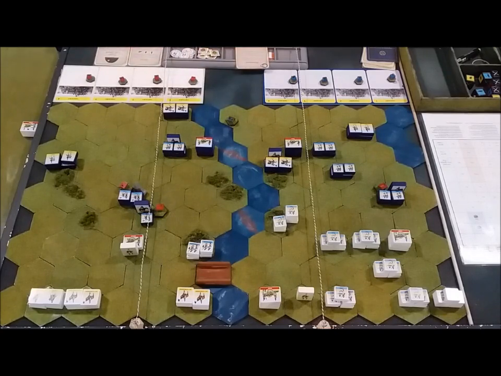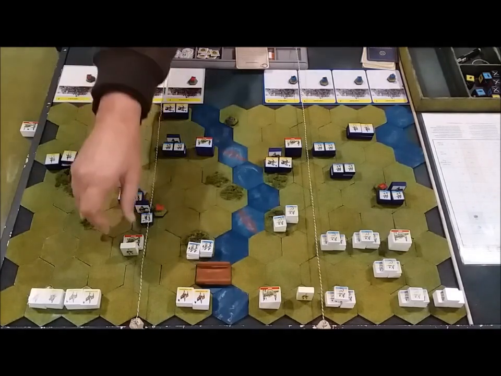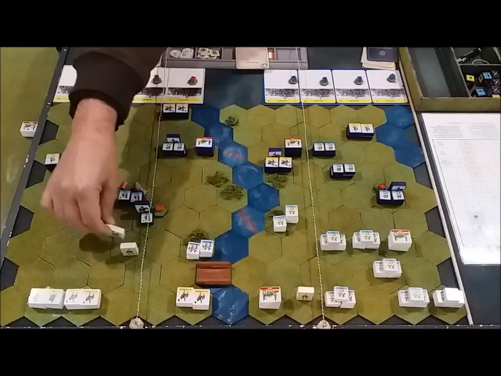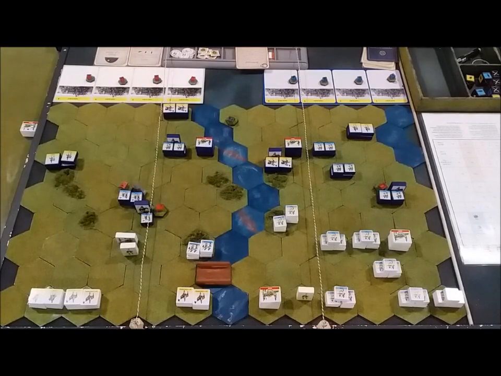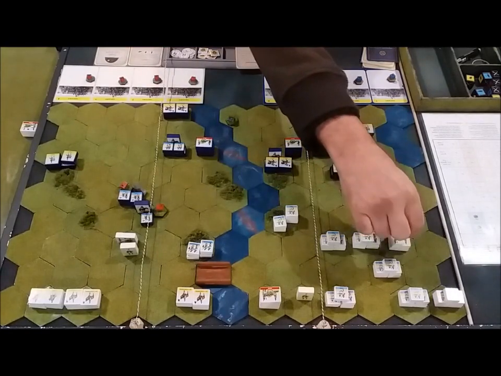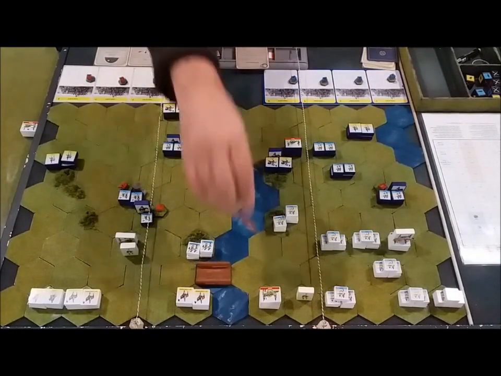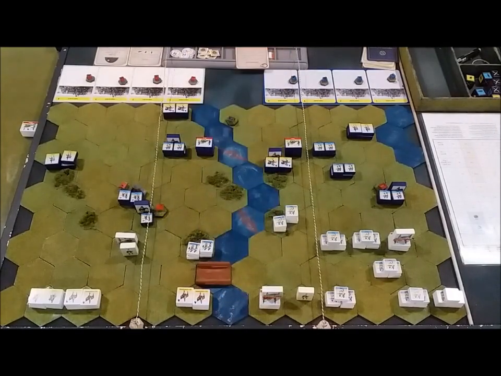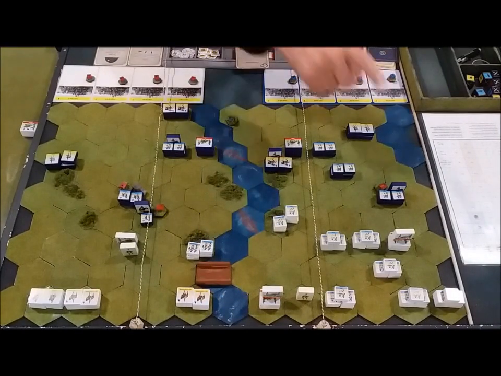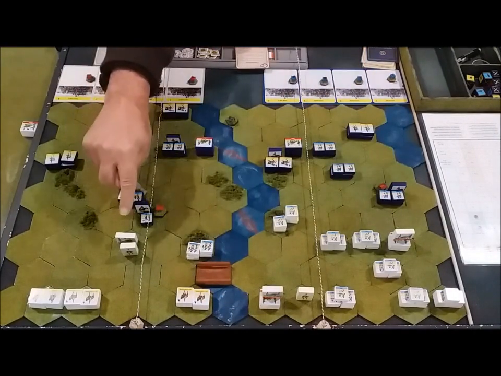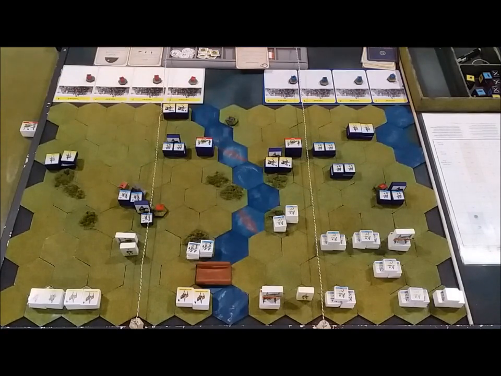So 4 or fewer artillery units. They can move up to 3 hexes and not battle, or may not move and battle with 2 additional die. So we have this guy is for 1, this guy is for 2, this guy is for 3. He's not going to move. He is not going to move.